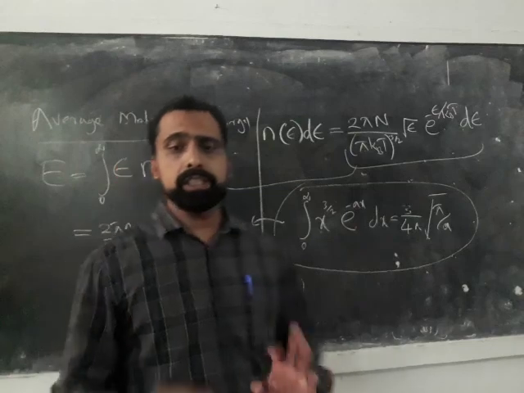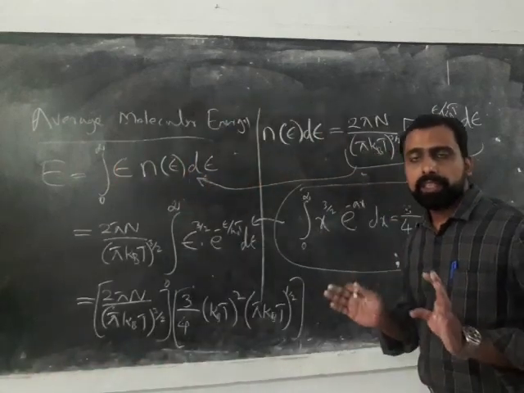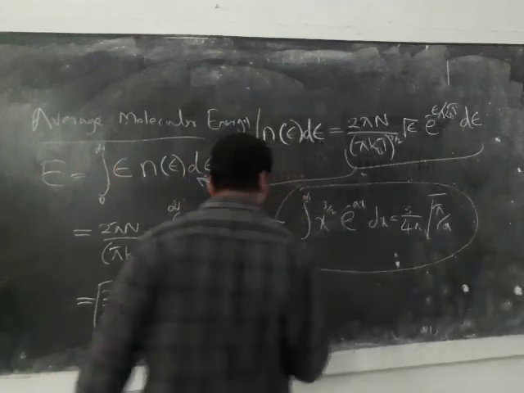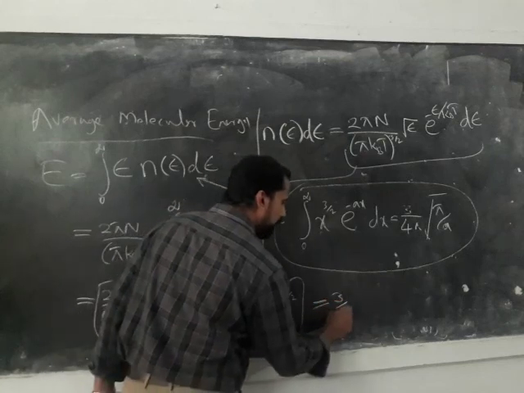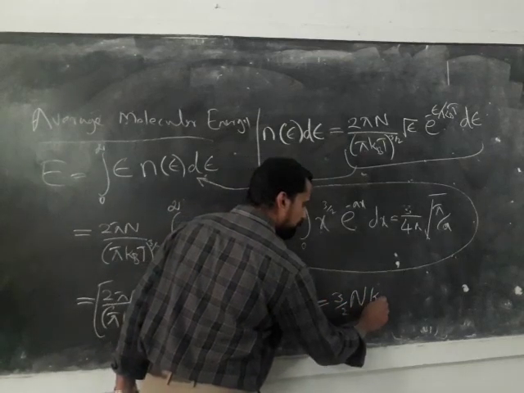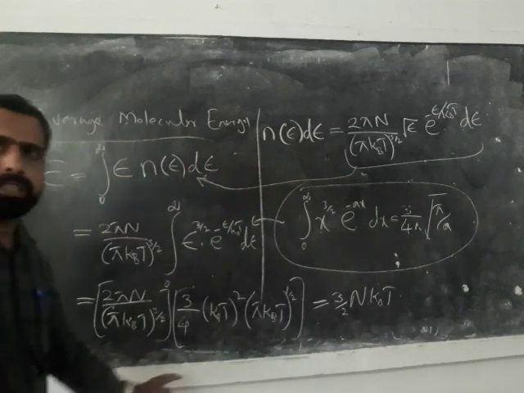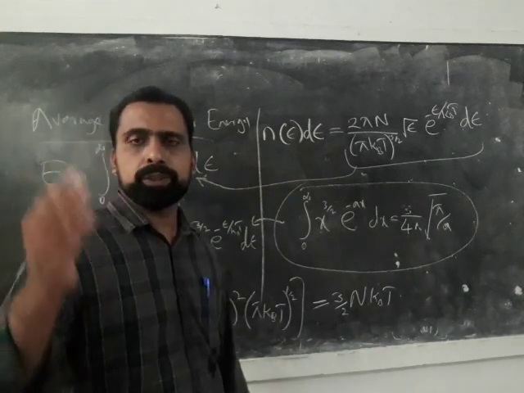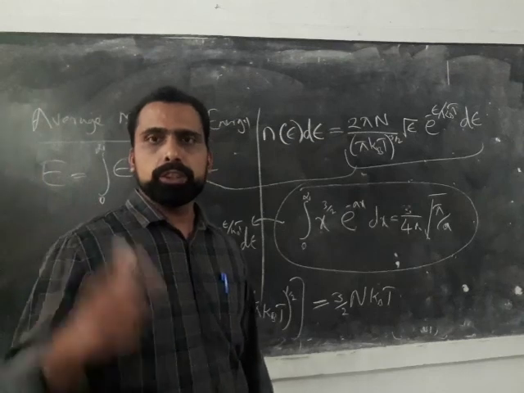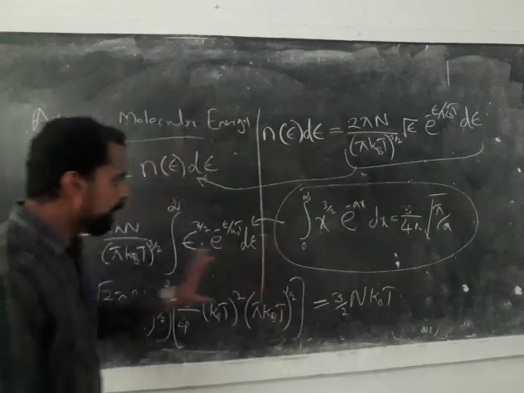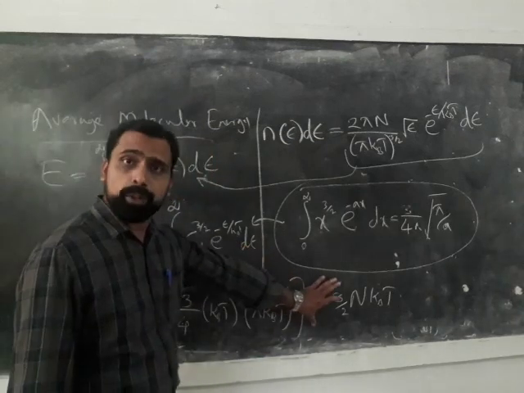If you simplify it, you will get the term 3 by 2 n kBT, where kB is Boltzmann's constant, which is 1.38 into 10 to the power minus 23 joule per Kelvin. So this is the total energy.